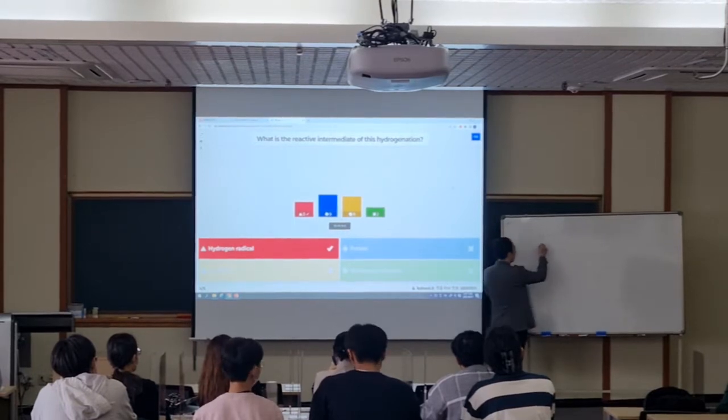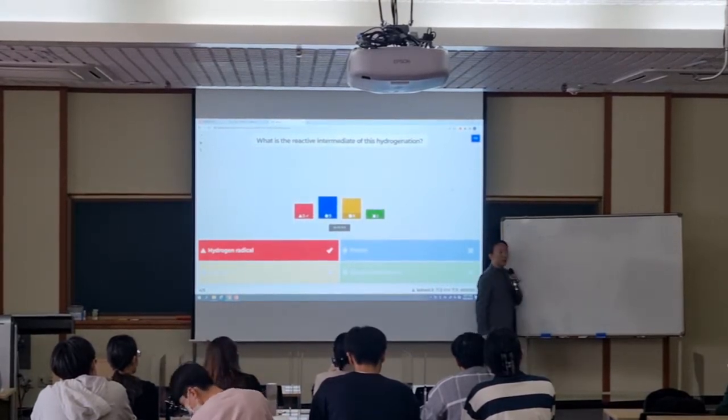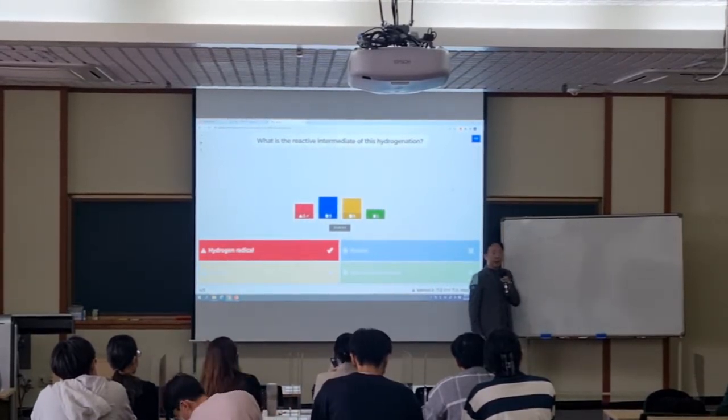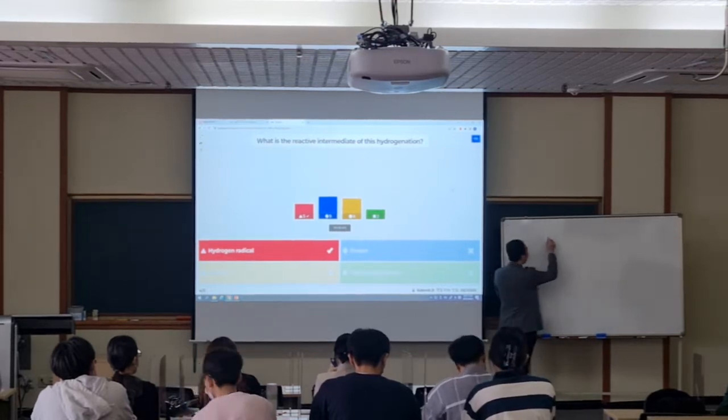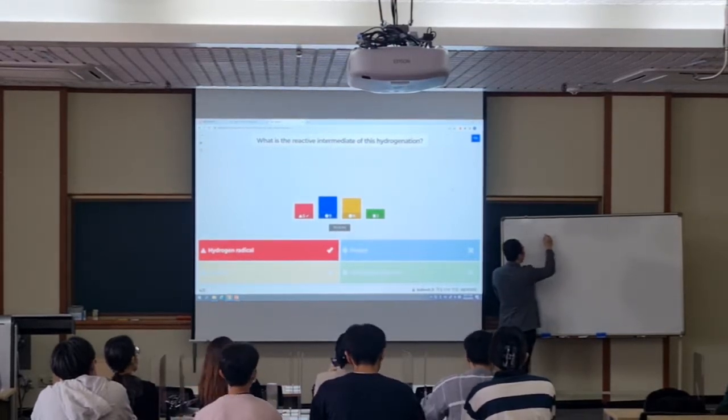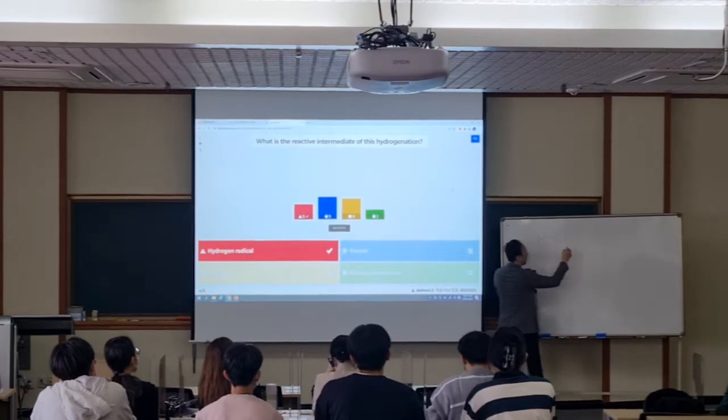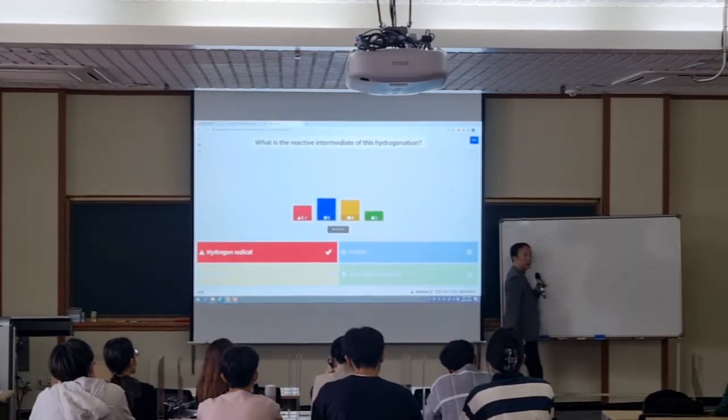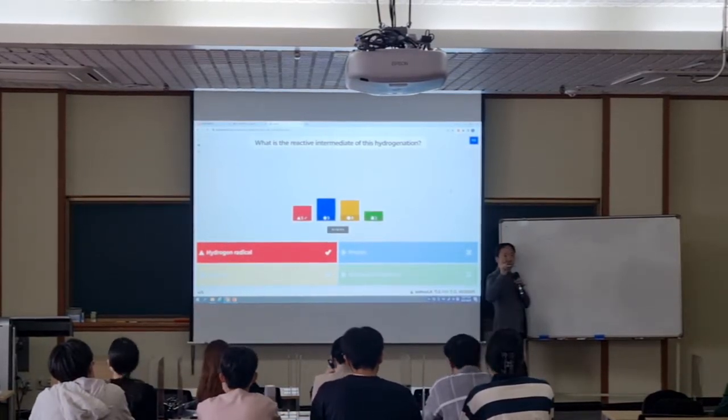And this reagent comes together to this surface, and we believe this bond is cleaved equally. If I draw the arrow like this, that means one electron is removed.